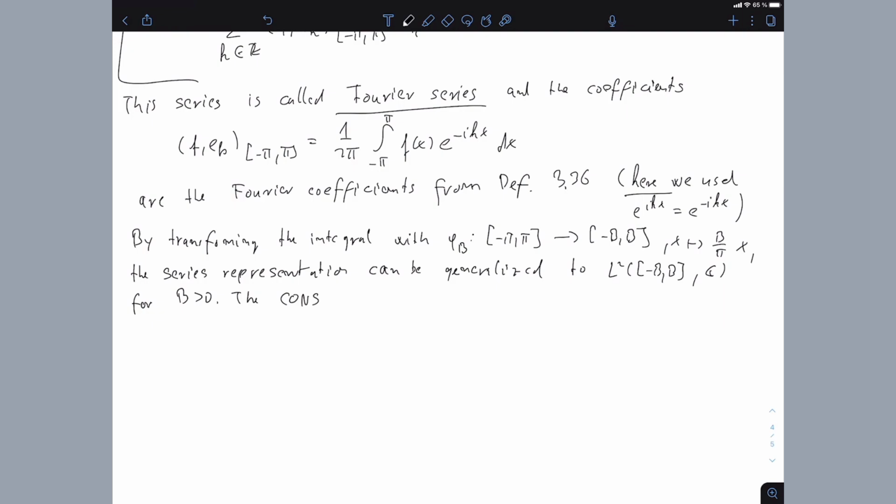And then the complete orthonormal system is just slightly changed by this transform. e_k^b of x is e to the i k pi divided by b x. This simple rescaling is enough to transform the orthonormal system from minus pi, pi to minus b, b.